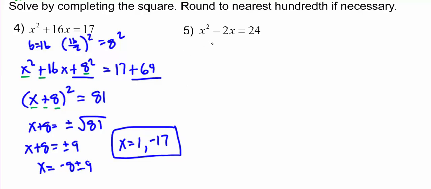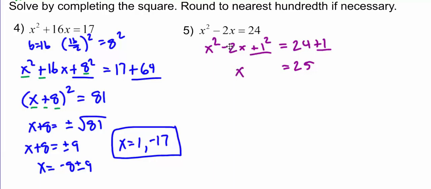All right, we're going to do the same thing on number 5, x squared minus 2x. Now our b value is 2, so that tells me I need to add 1 squared, which, yes, I know that's 1, to each side. Okay, now the right side is always pretty simple, just add the two numbers together. The left side, you're always creating that perfect square trinomial.